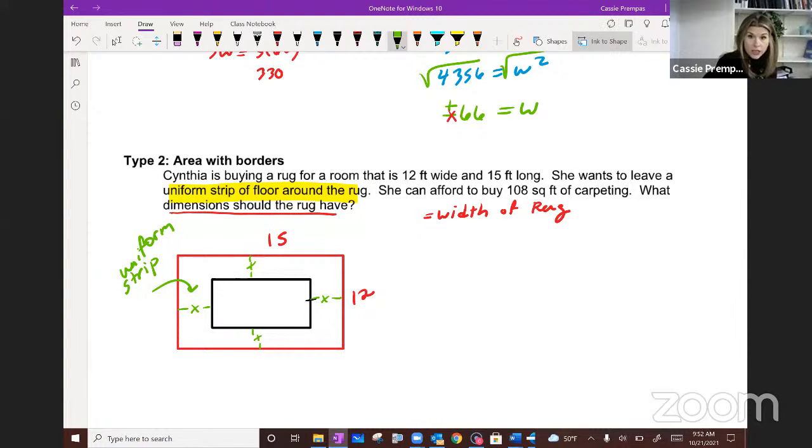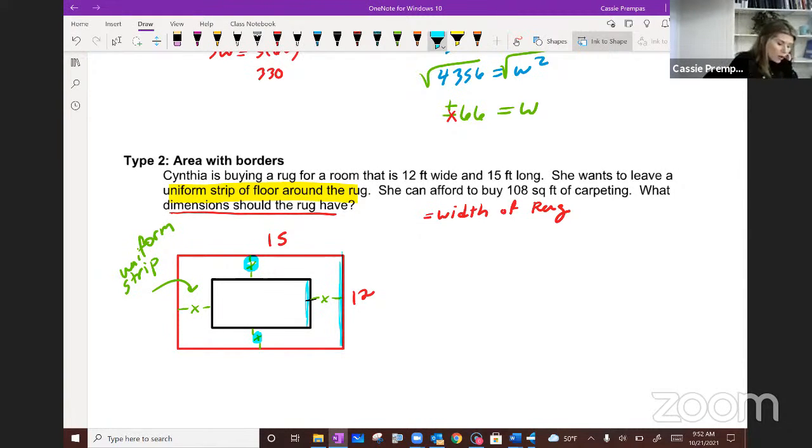Now, the next thing I'm looking at is how do I represent the length and the width of the rug? Looking at the information I have right now, this piece is definitely smaller than the entire width of the room. How much smaller? I can see that this uniform strip on the side is composing 2x lengths.